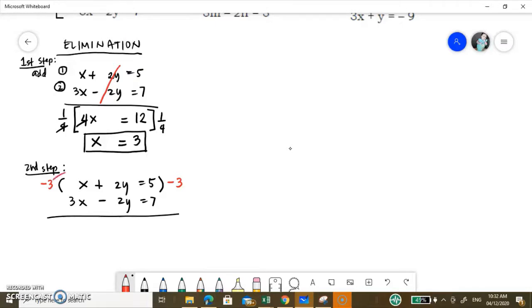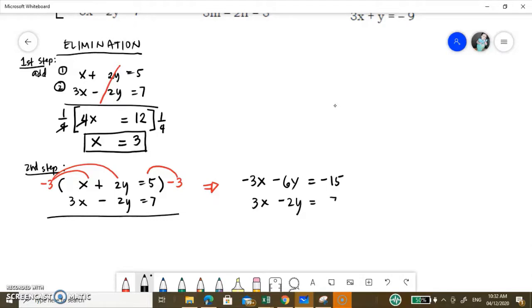Okay? So, distribute lang natin yan. So, that would give us the equation negative 3x minus 6y equals negative 15. Then just have to copy the second equation, which is 3x minus 2y equals 7.